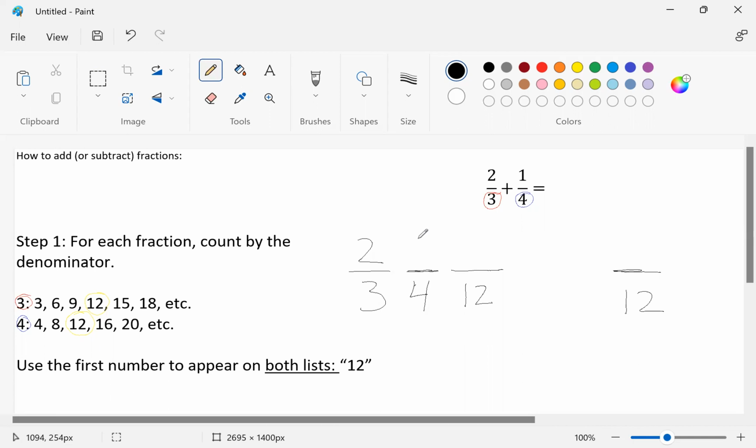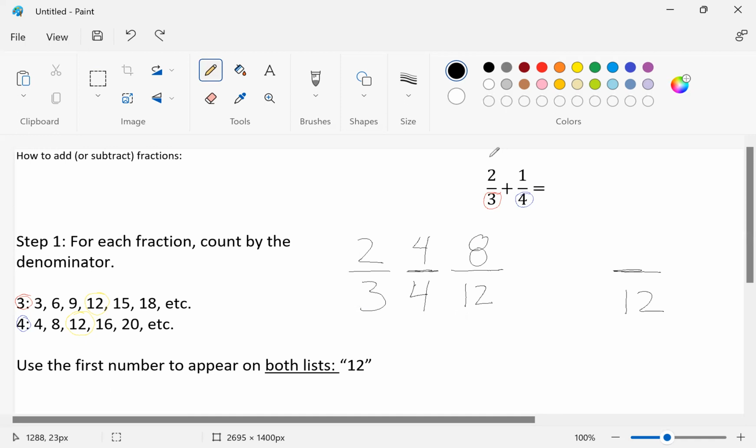If I multiply by 4 in the denominator, I have to multiply by 4 in the numerator so that I keep the value of the fraction the same. The value of the fraction is 2/3. 2 times 4, 8. 8/12 has the same value as 2/3.